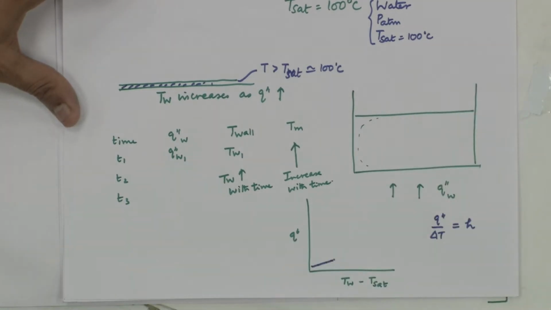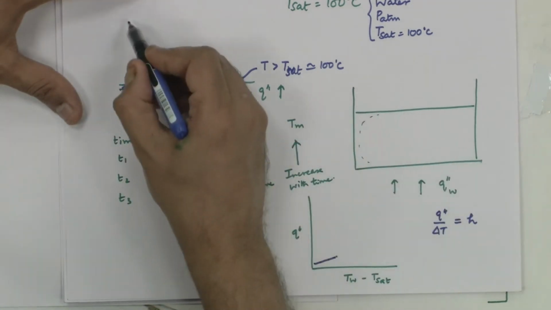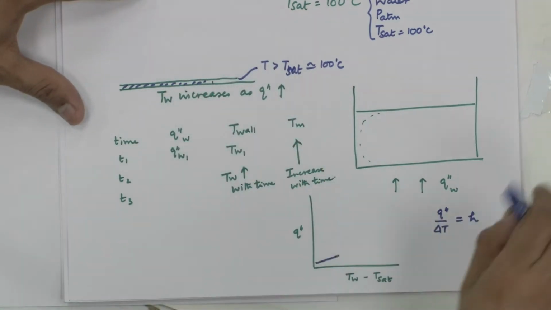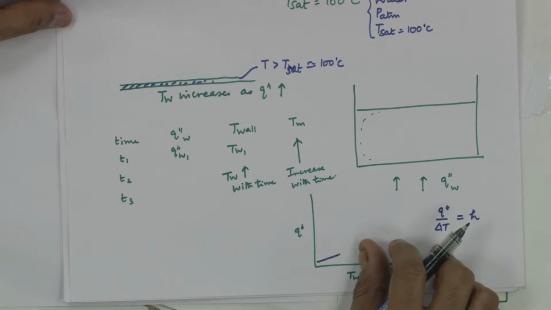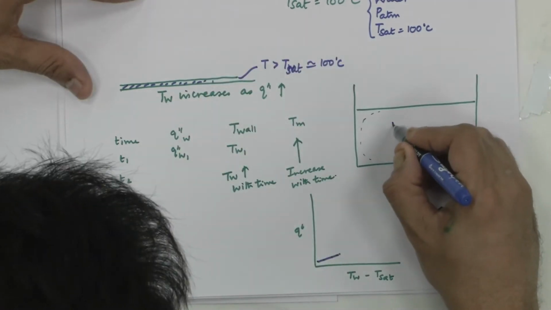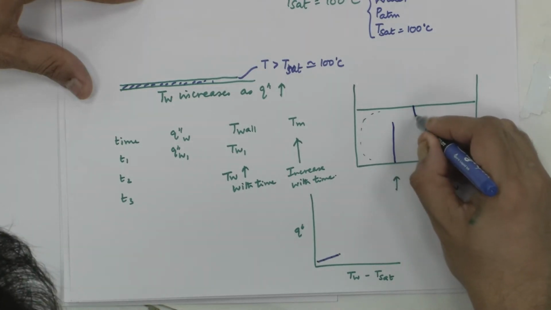does not happen exactly at 100 degrees centigrade, because of the bulk fluid, I hope all of you are able to appreciate that in your single phase heat transfer, we had this concept of temperature gradient, and the temperature gradient is nothing but how temperature varies in the fluid from the wall.